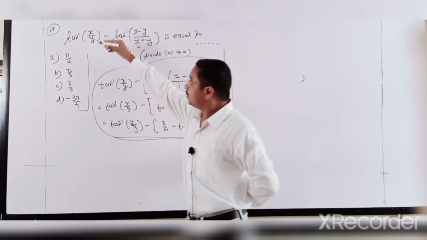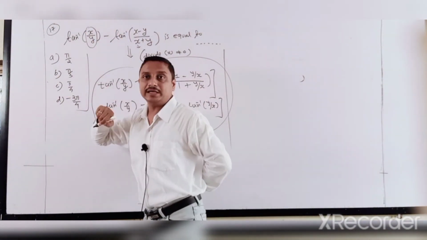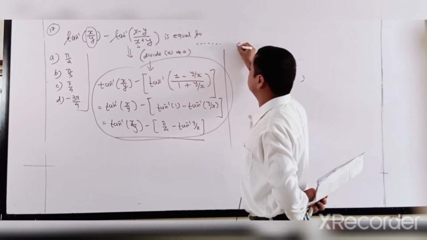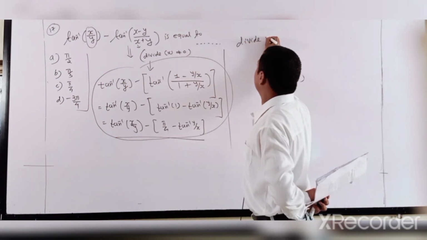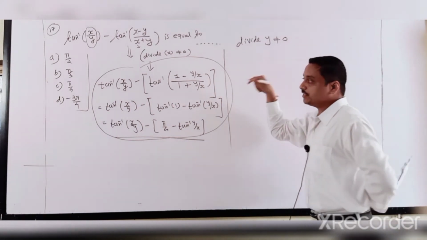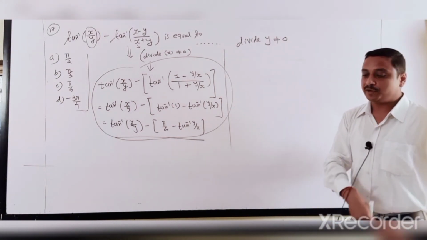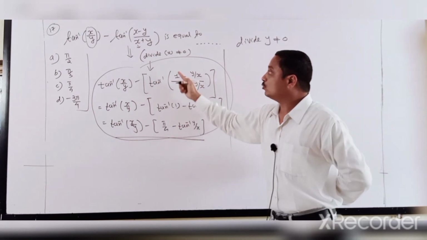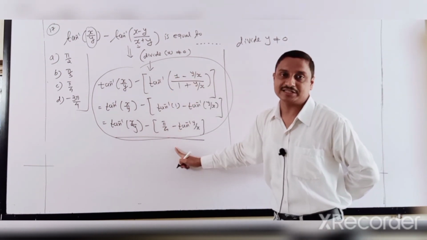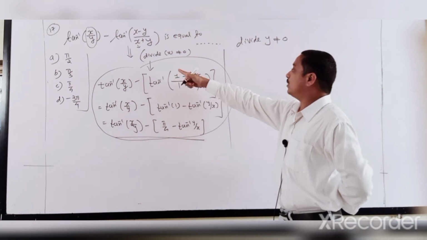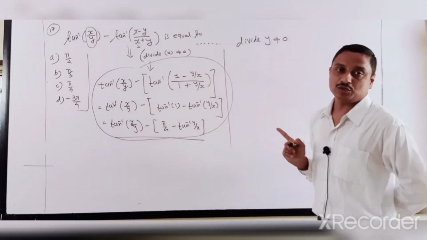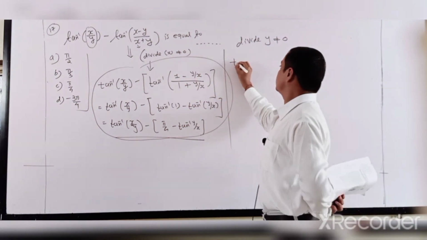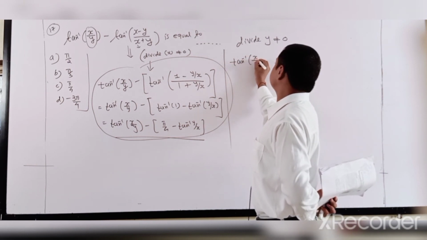Check here. What is given first? X by y. It means you start your sum by dividing by y, y not equal to 0. That is the truth. One more time I repeat, you never write this process. Mostly students make these types of mistakes in exams. That's why now I calculate the wrong question and now I write the solution. Dividing by y, so tan inverse x by y, same.